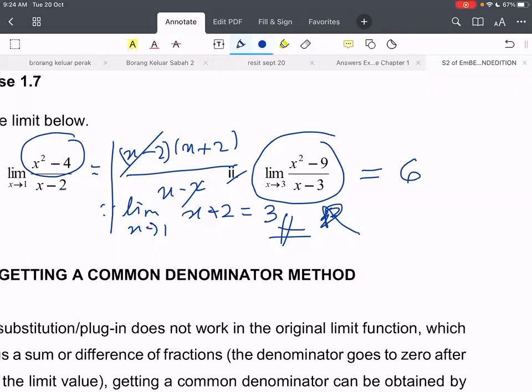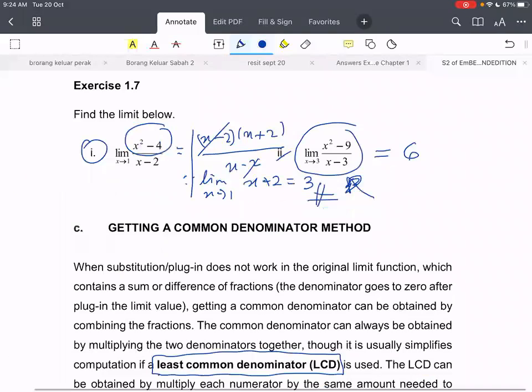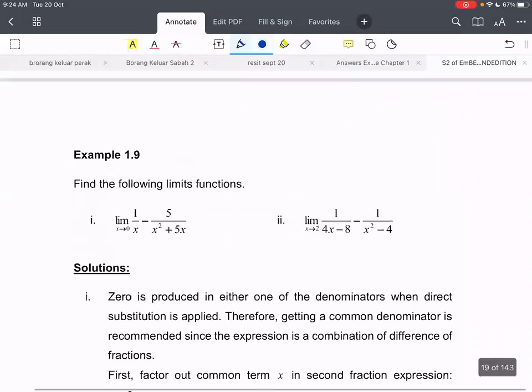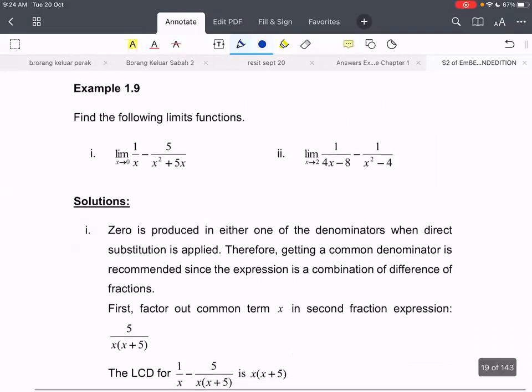Alright, so you've done this. So may I proceed with getting a common denominator? So if I can give one short example, just to get the brief idea. So last time, if you want to solve this type of question, how can you do this?